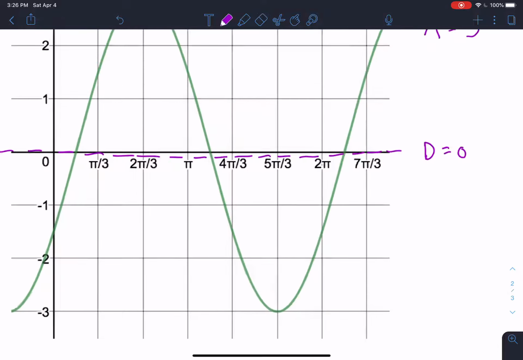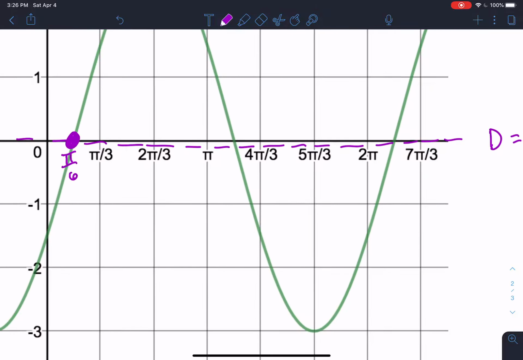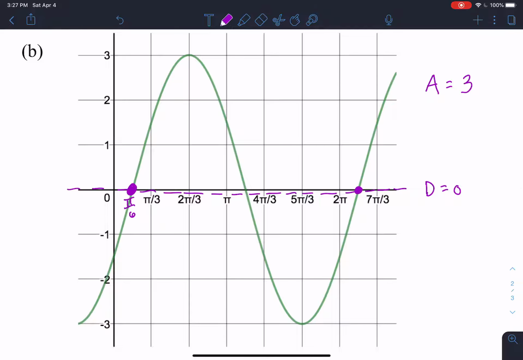All right. So if I have this point right here, which is right on the axis, now it's in between 0 and pi over 3, which is going to be pi over 6. And then in between 2 pi and 7 pi over 3, that's going to be one cycle, because you have axis, high, axis, low, axis again.